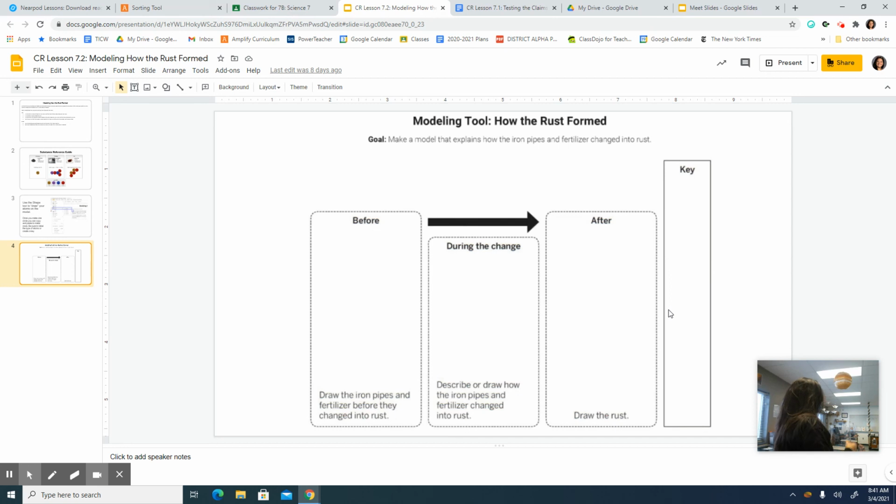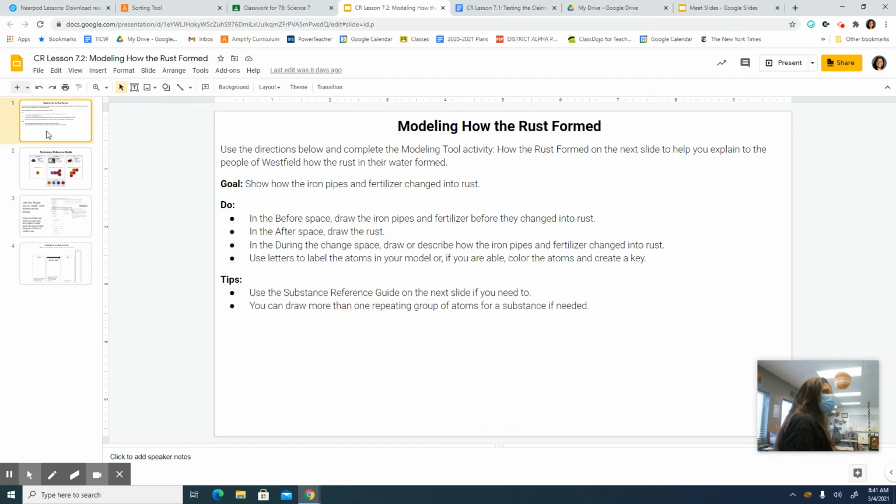Or if you make the iron orange, sorry, on the atom itself, you can use a text box and type FE, so I know that that's iron, and then you don't need to use the key. So the key is up to you. Everything that I just said are in these directions. Okay, so make sure you review those directions tomorrow at home.